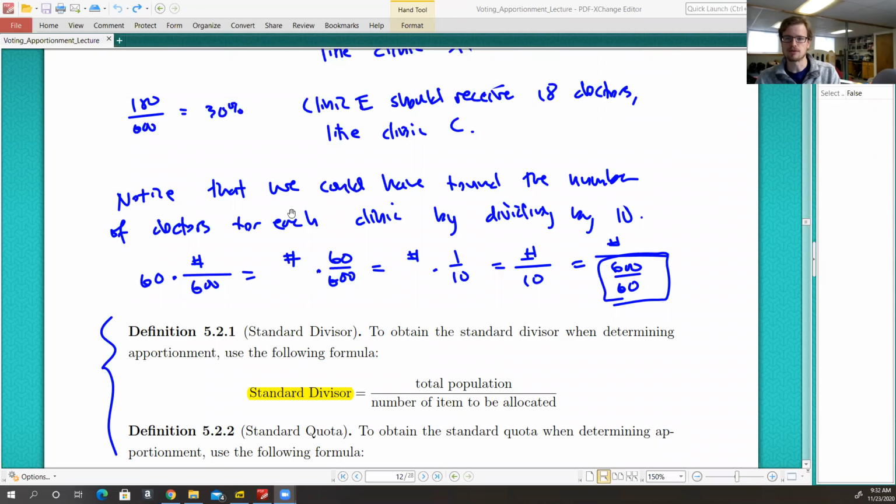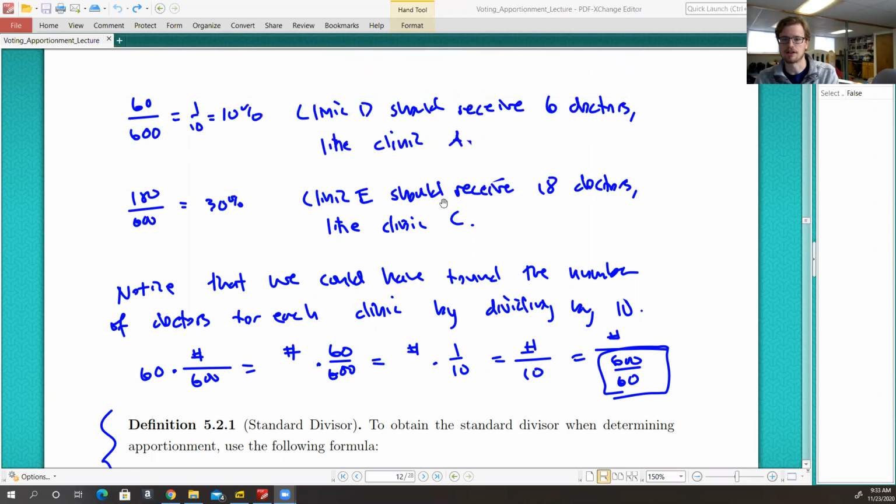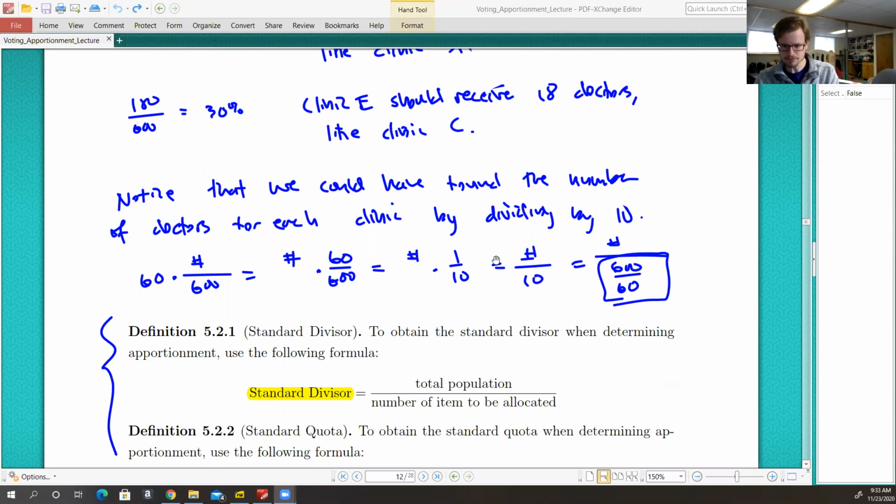We already observed that the standard divisor, as we calculated it the first time, was 10, because we could find how many doctors each clinic should get by dividing by 10. That would be the standard divisor.